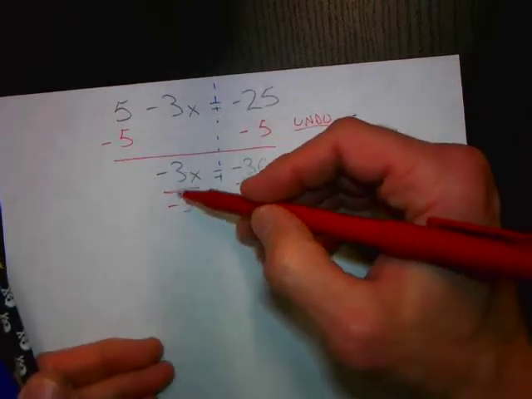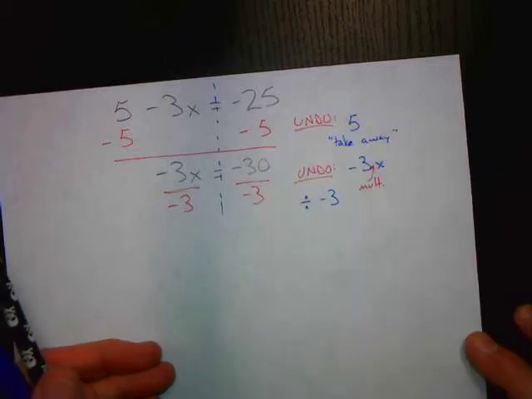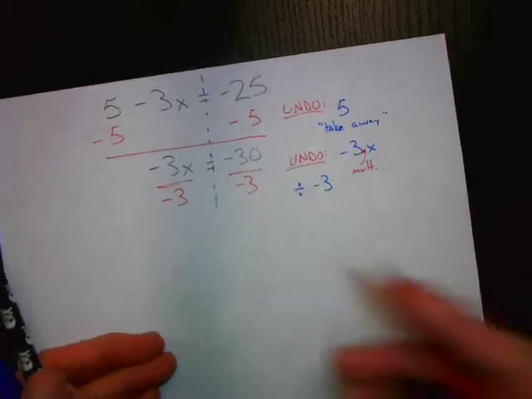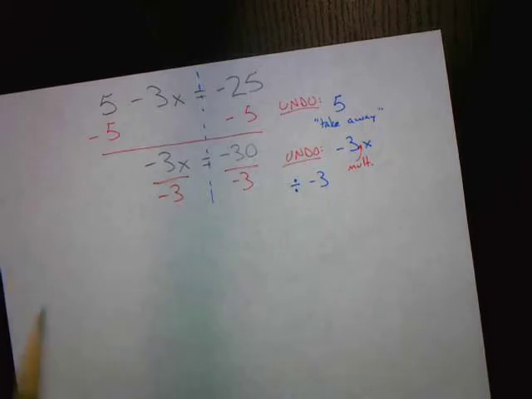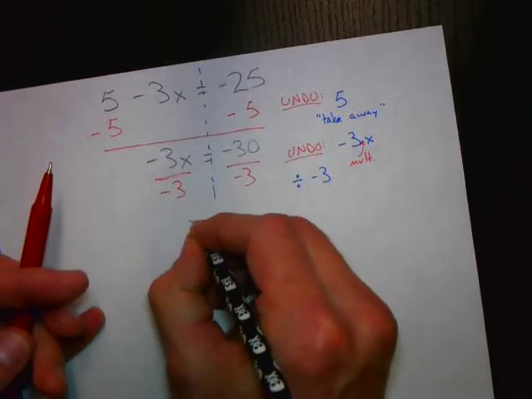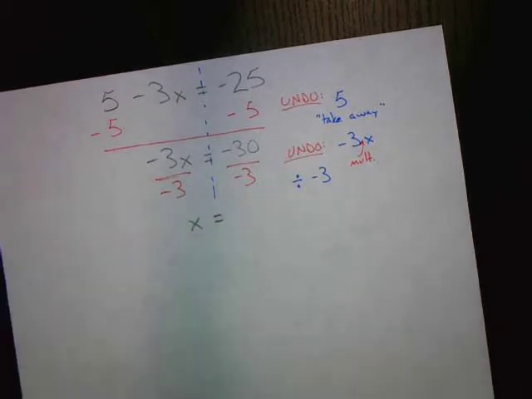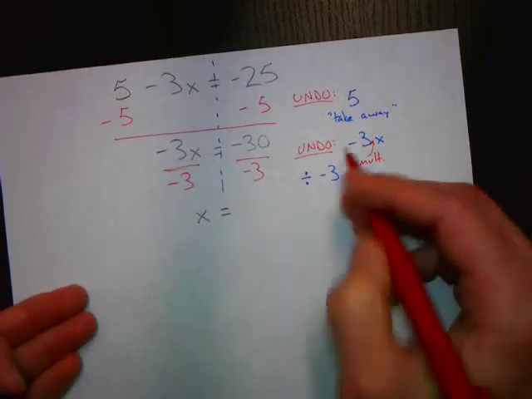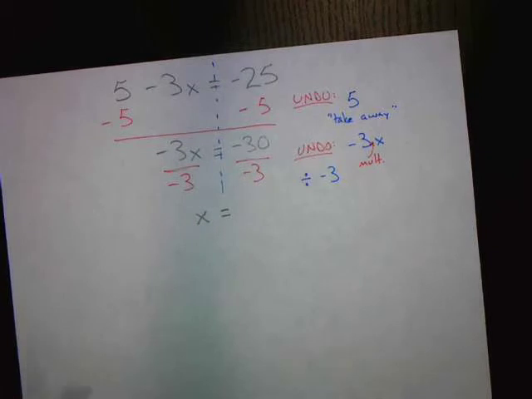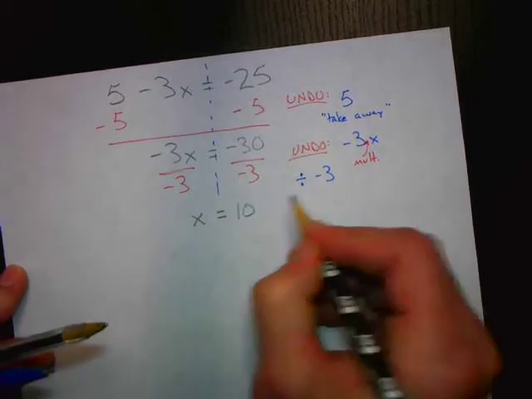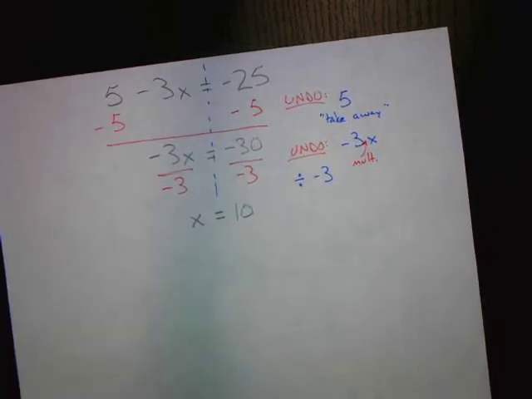Negative 3 divided by negative 3 equals positive 1. And positive 1 times x is equal to x. And x is all of a sudden by itself. And then on the right-hand side, we have negative 30 divided by negative 3, which is positive 10. And so we have x equals 10.